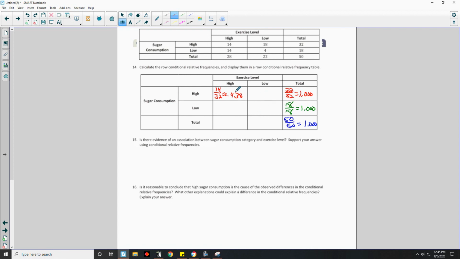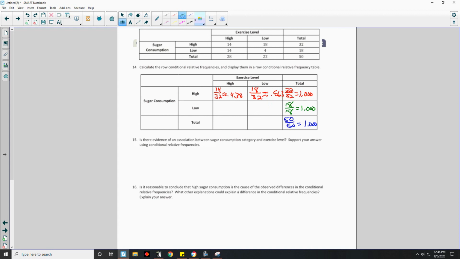Low would be 18 out of 32. Well, if this is 1 and this is 0.438, then this has to be what adds up to 1. 1 minus 0.438 would be this value here, which is 0.563. It's 0.562 something, and so these are both rounded. That's why we're coming up with a little more than 1/1000th more, because we rounded.